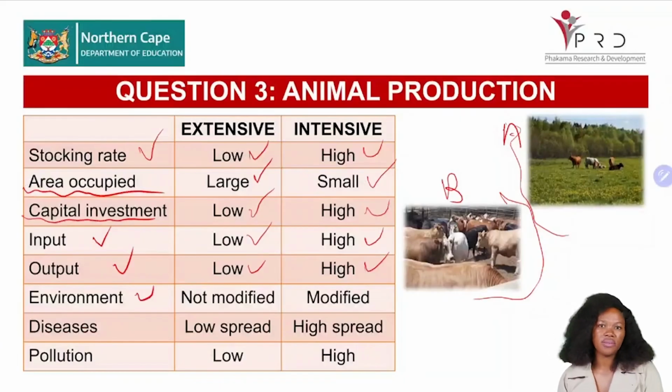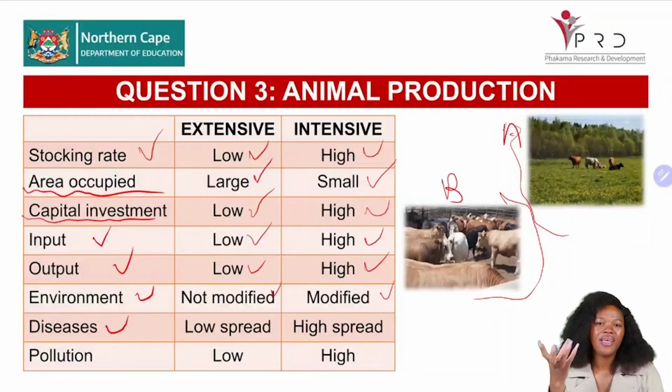The environment. For the extensive production system, the environment is not modified to cater to the needs of farm animals. Under intensive, the environment is modified to cater to the needs of farm animals. The spread of diseases.